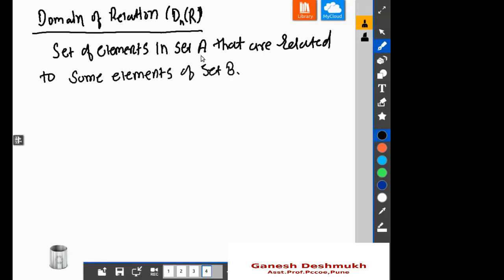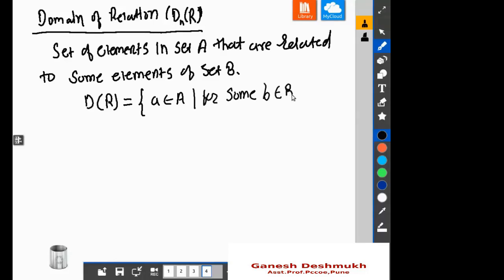It is the set of elements in set A that are related to some elements of set B. Or if I want to represent it in another form, I can write: domain of relation contains the elements a which belong to set A for some b, which is an element from set B, and (a, b) is from relation R.